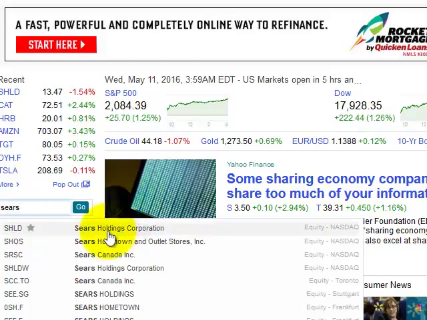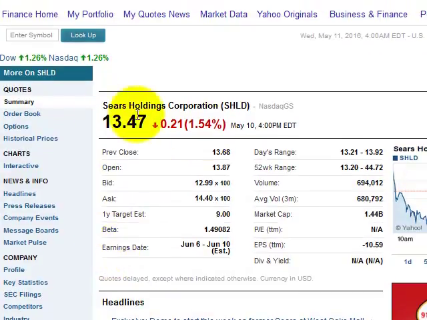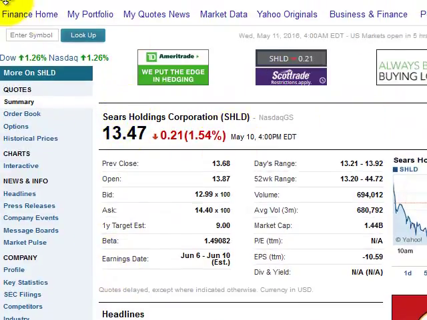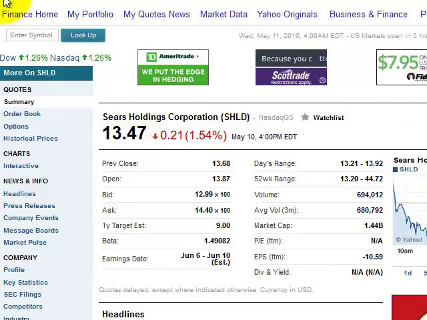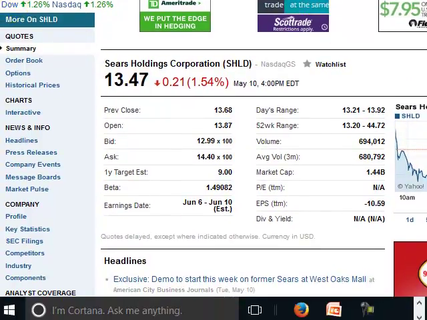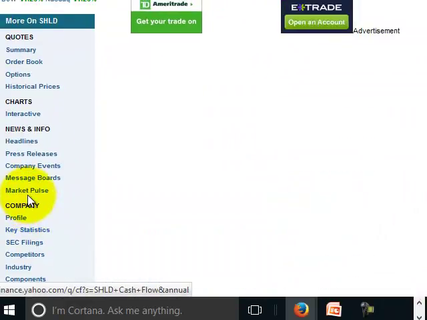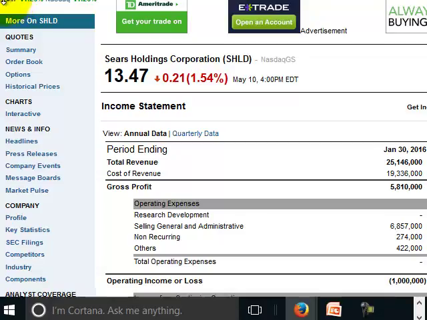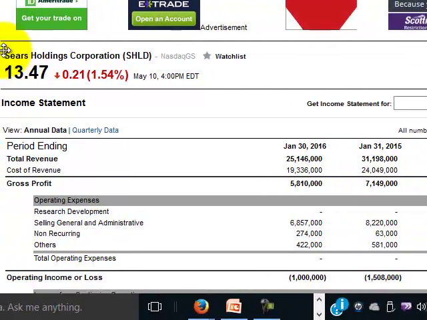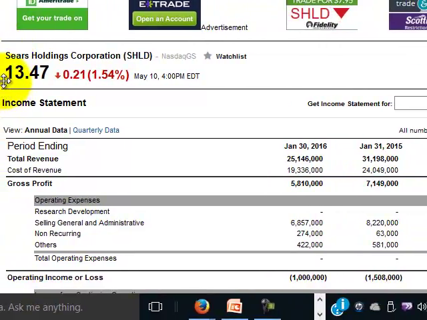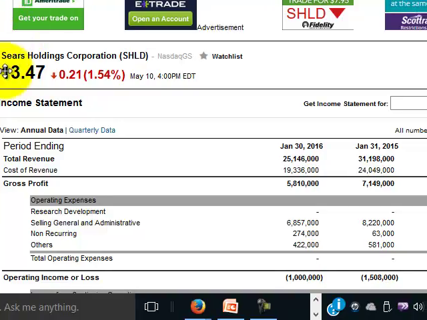Sears. So I see Sears Holdings right here, and you can see it pops up. And if I slide down here to financials, I can click on their income statement, and I get all of their income statements right over here over the past several years.